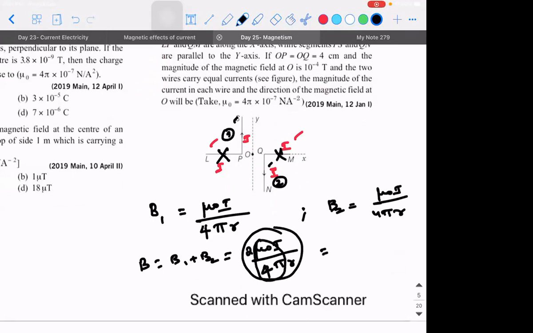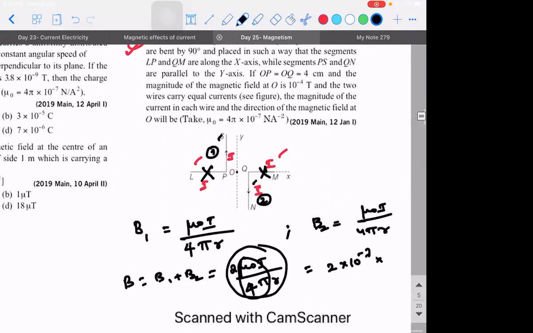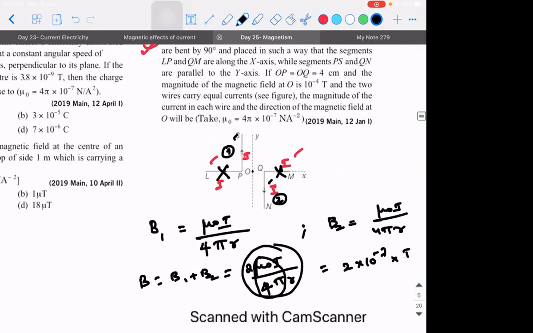So mu naught by 4 pi என்றது எவ்வளவு, 10 power minus 7. So 2 into 10 power minus 7 into I எவ்வளோடா? I is what we need to find. I divided by distance is 4 centimeter, 4 into 10 power minus 2. இதோட value எவ்வளவு கொடுத்திருக்கான்? 10 power minus 4. So this will go 3 times. Then it will go to numerator. இது வந்து 1 by 2.